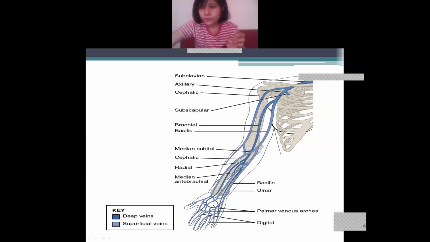But the deep veins, from the name itself, you know, they lie very deep. Where do they lie? They lie beneath the layers of tissues and muscles. Understand? They are very deep, and you won't be able to see them just like that.